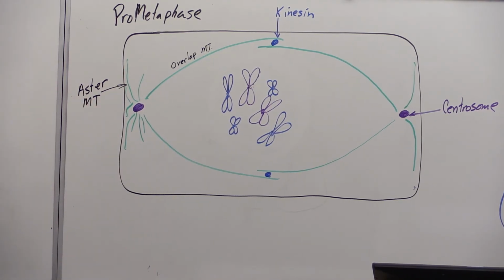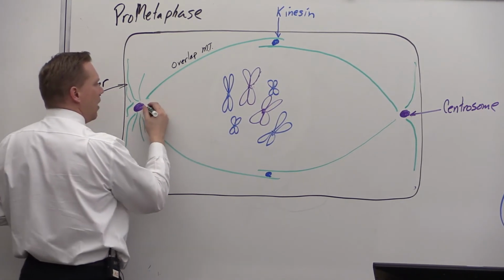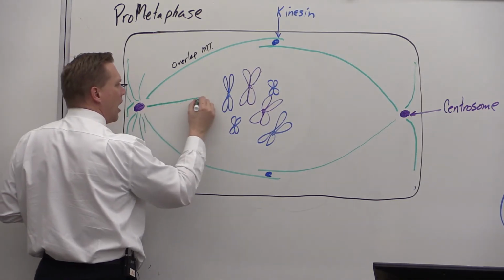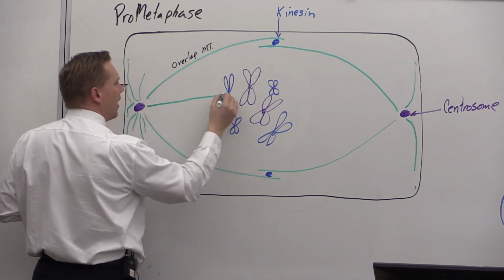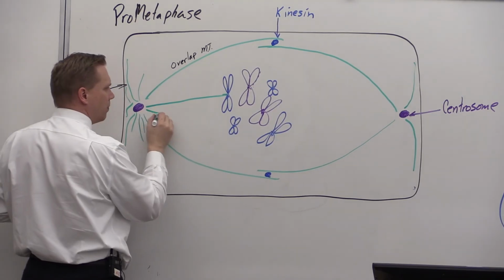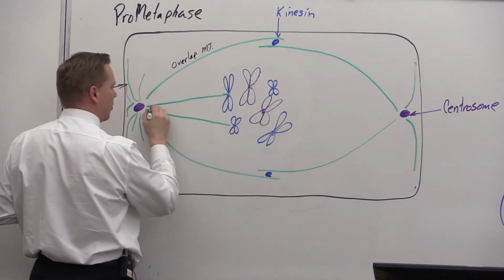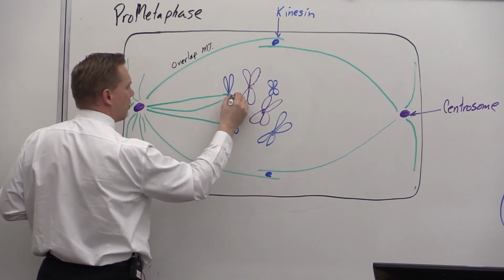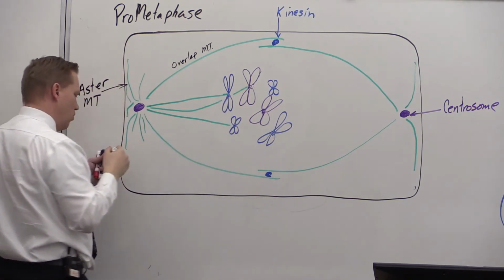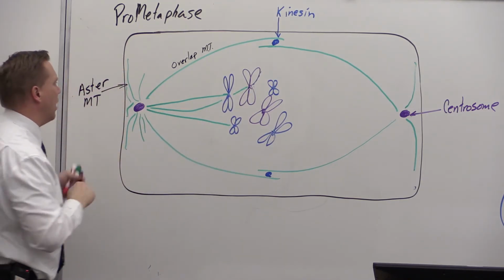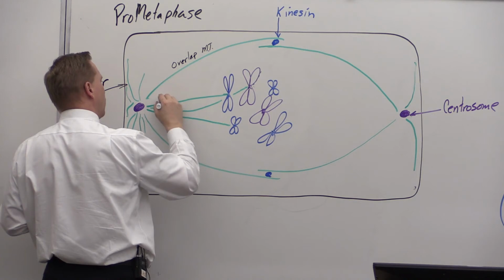And then you'll see some others that emanate from the centrosome and go directly to and contact the chromosomes. These ones are then called kinetochore microtubules.